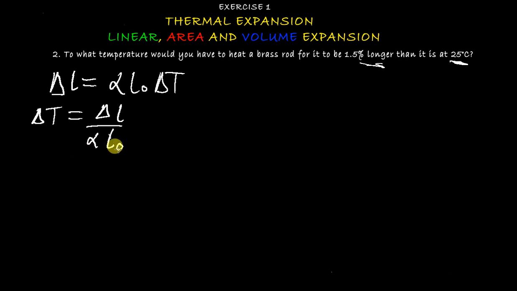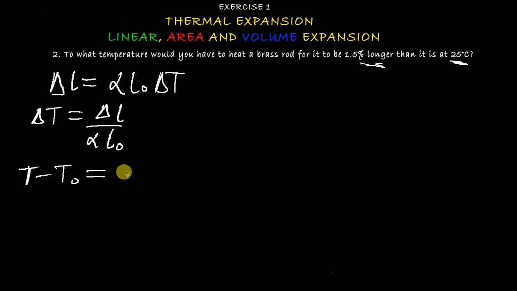The other thing we need to know is that this 15% is simply the ratio of the change in length and the initial length. Okay, so delta T, we know, is just T final minus T initial.